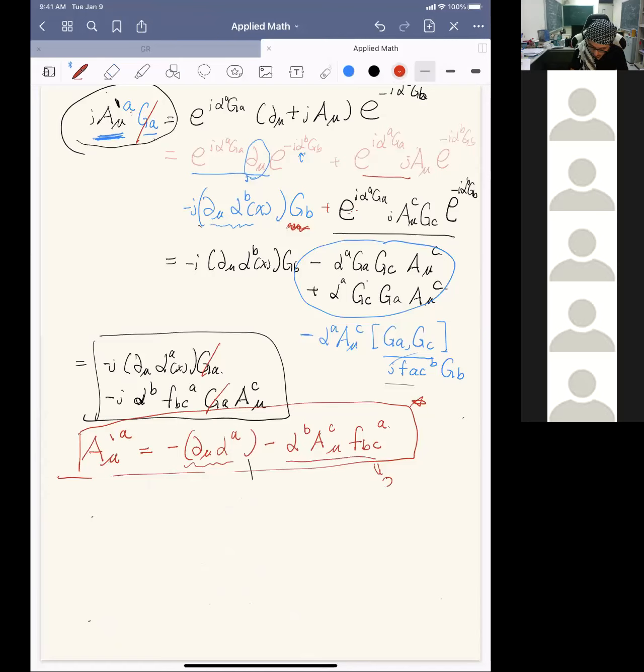This is a reflection of the non-abelian nature of my symmetry. By non-abelian I just mean that my symmetry group's GA, GB commutator is not 0. That's what we mean by non-abelian. Are there any questions?